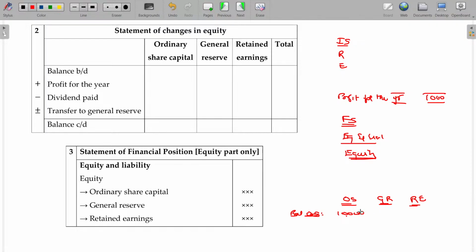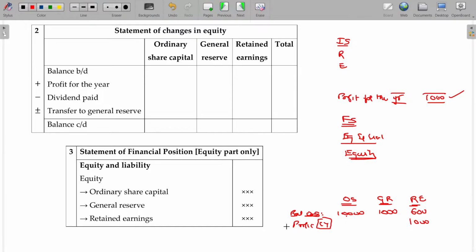In the beginning, we have 10,000 rupees ordinary shares, reserves may be around 1000, retained earnings being 600. In the current year, we made a profit of 1000. That profit will be added. Profit for the year, 1000 rupees is added.